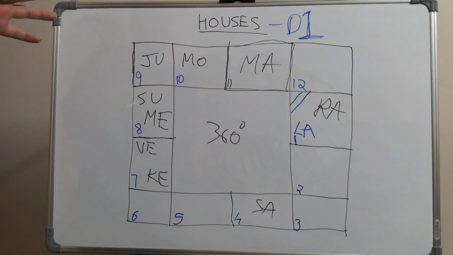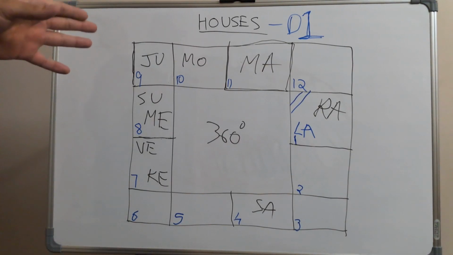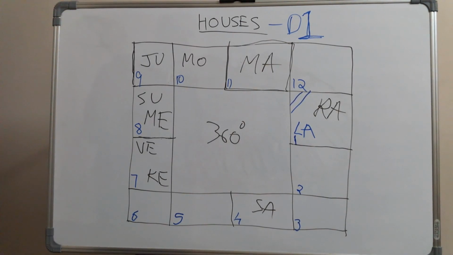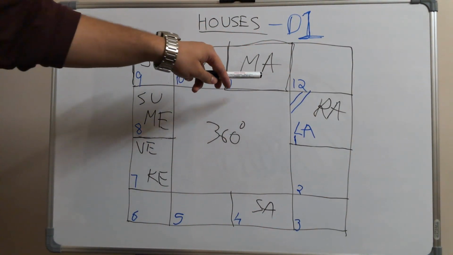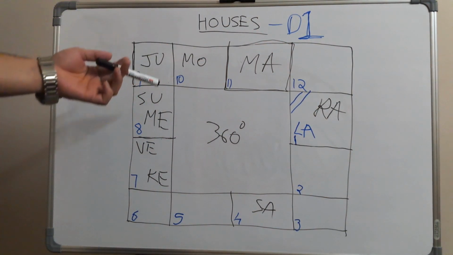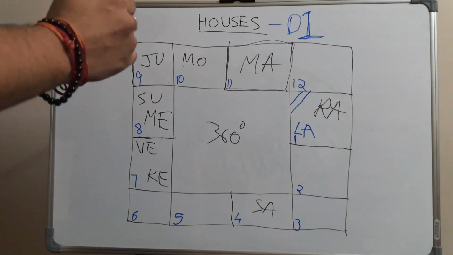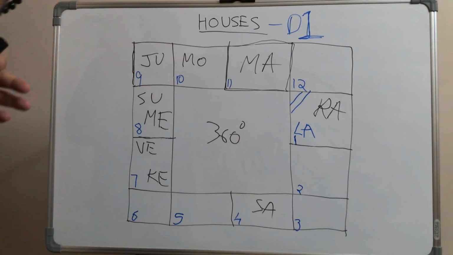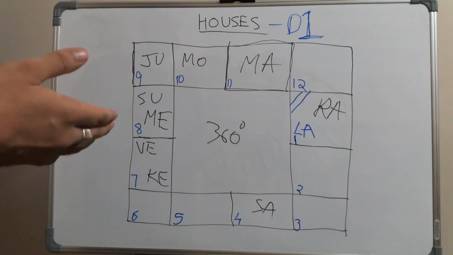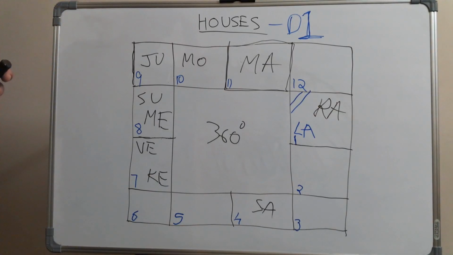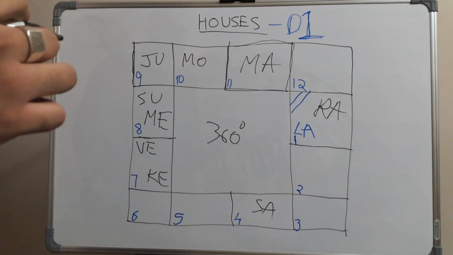Now, if you understood so far that these are the houses and the Rashis remain the same, now I'll explain the proper, detailed and in-depth version of these houses, and the name for that chart is BHAVA CHALIT.